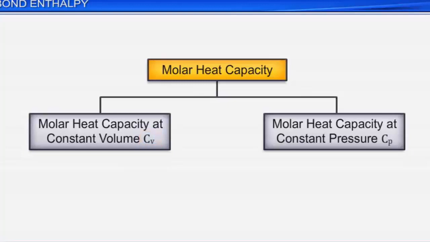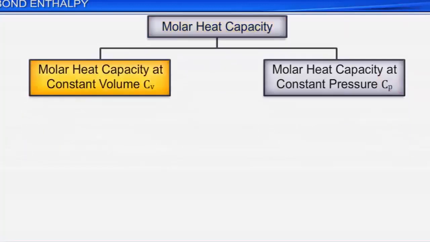We learnt that the equation for heat, Q, is the product of heat capacity and change in temperature ΔT. Therefore, at constant volume, heat Qv equals the product of heat capacity at constant volume, Cv, and change in temperature ΔT. But the heat absorbed at constant volume is equal to change in internal energy.